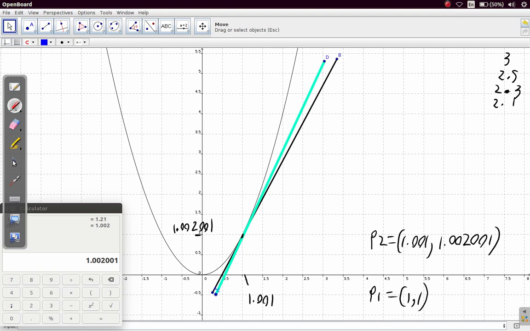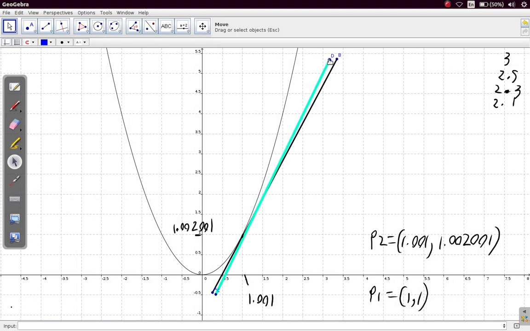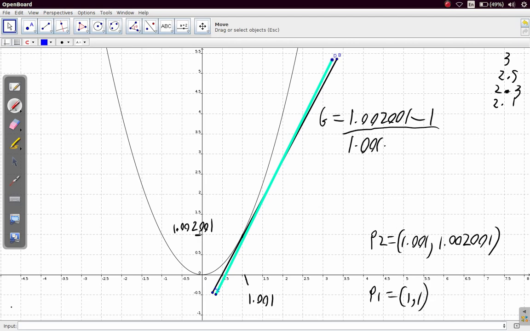But let's adjust our line. It would be extremely close to lying down on the black line. What is the gradient of that new line, the green line now? It passes through (1, 1) as well as (1.001, 1.002001). So the gradient is y2, which is 1.002001, minus y1, which is 1, over x2, which is 1.001, minus x1, which is 1.